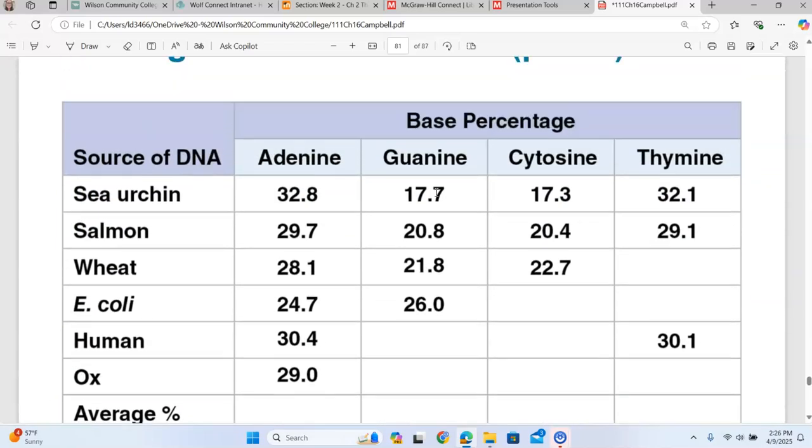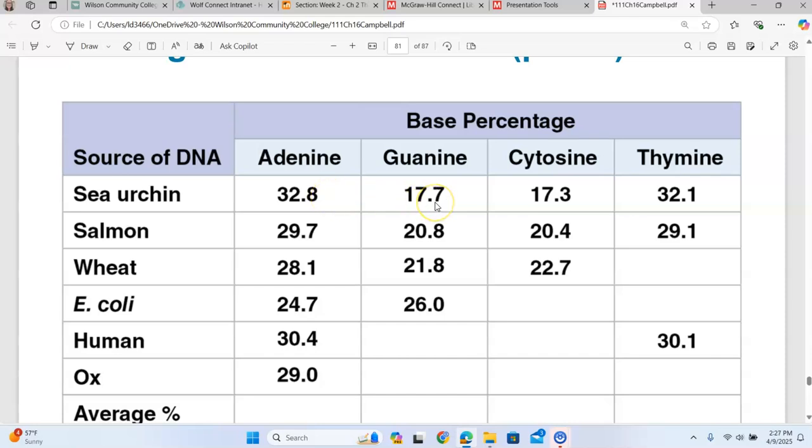And this is just showing you that you can take the percent of each. If you know that a sequence of DNA has 32%, we're just going to round these to the whole number. Let's say the DNA is 32% adenine. Well, it's got the same amount of thymine, 32% thymine. Then to figure out the guanine and the cytosine, you add 32 plus 32, which is 64. And 64 from 100 is 36.